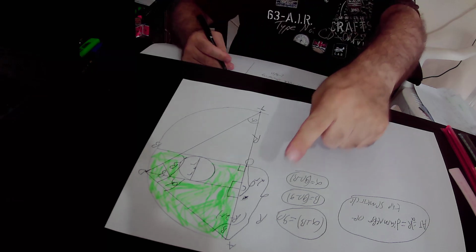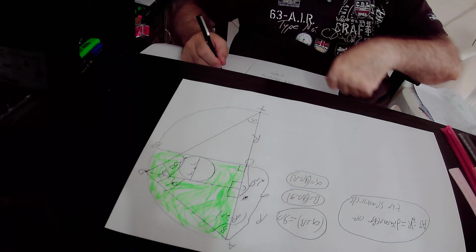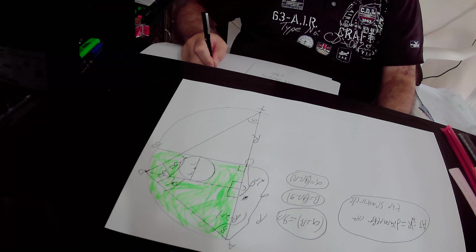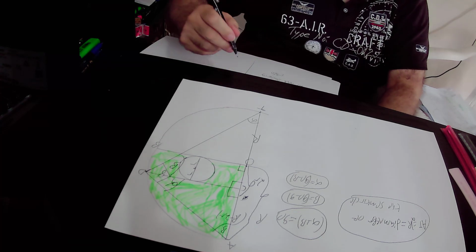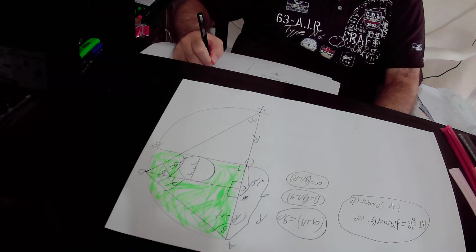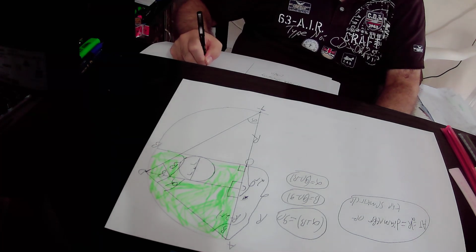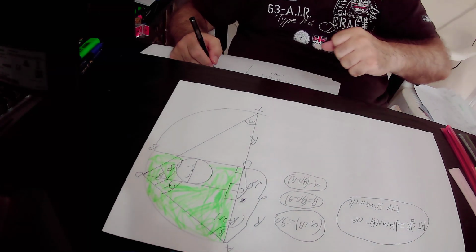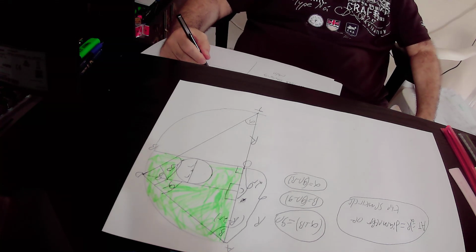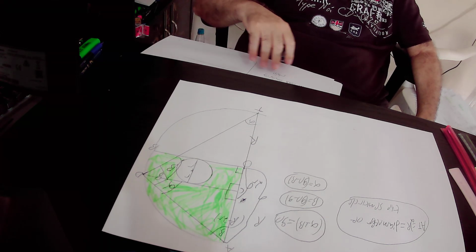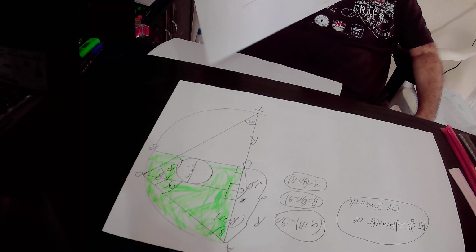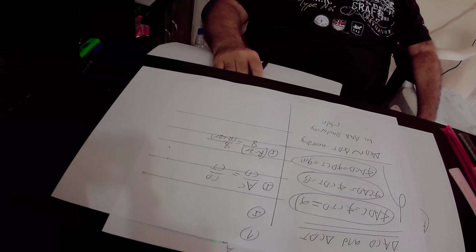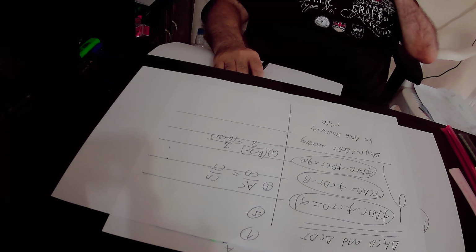AC equals capital R minus 2R. CD equals 8 units. And CT equals 2R plus capital R. In conclusion, according to equation number 1, capital R minus 2R over 8 equals 8 over capital R plus 2R.